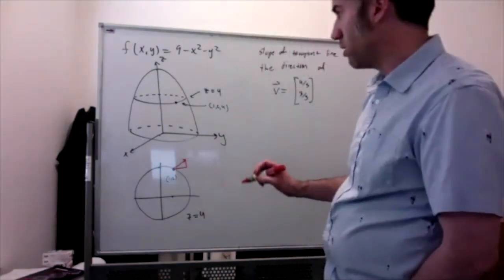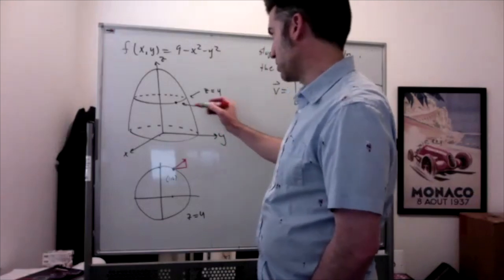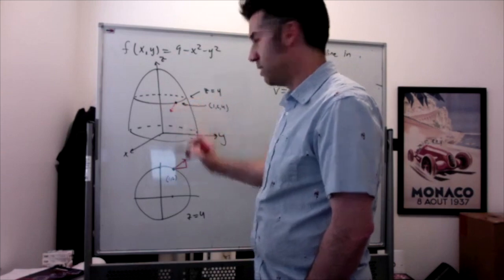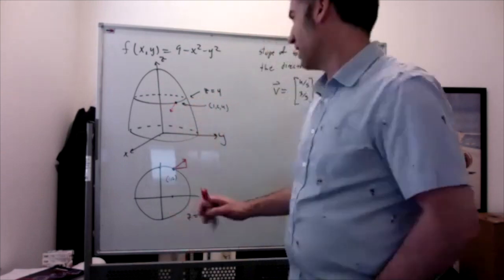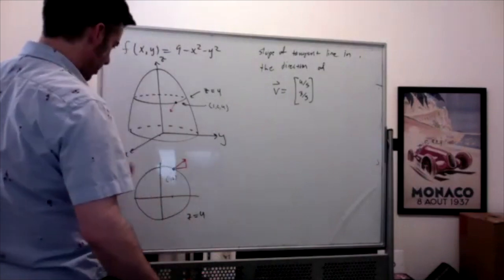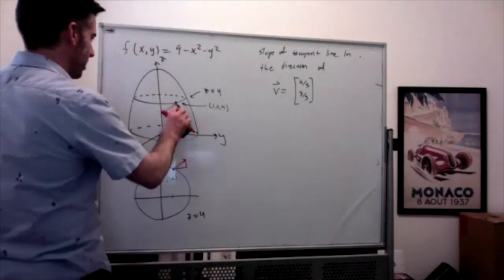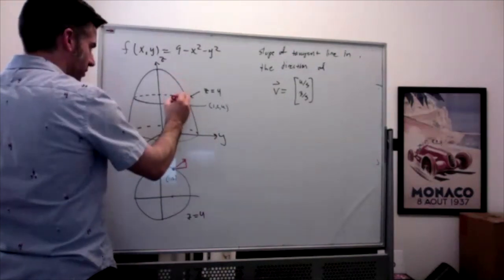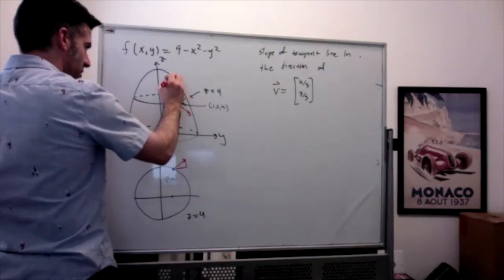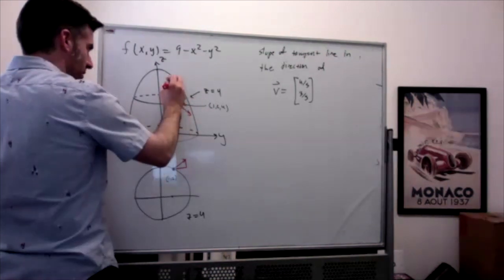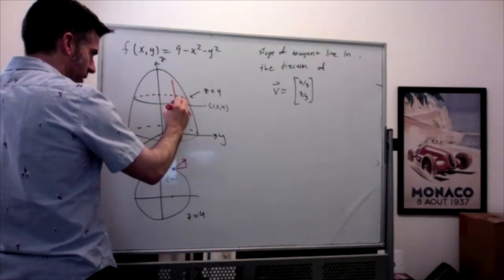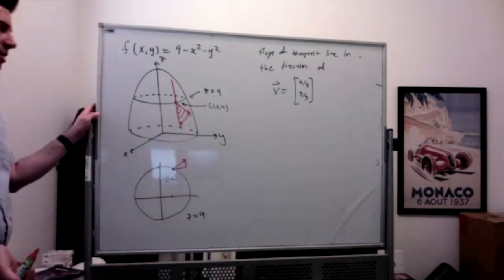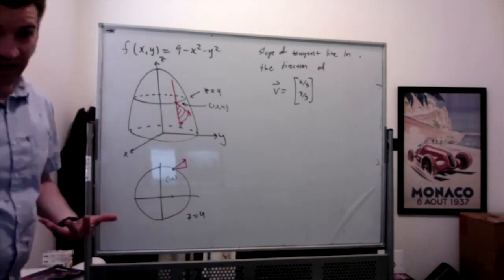So if we move in that direction, I didn't really draw that very well. Sorry, it's hard to draw this. If we move out that way, I'm really moving like that way. So that's the question we're trying to answer.